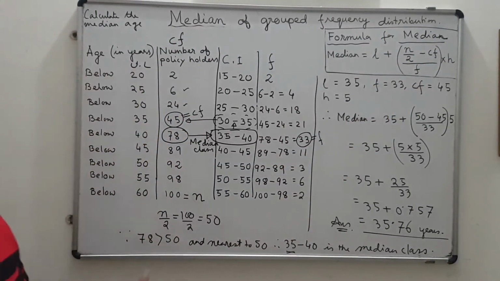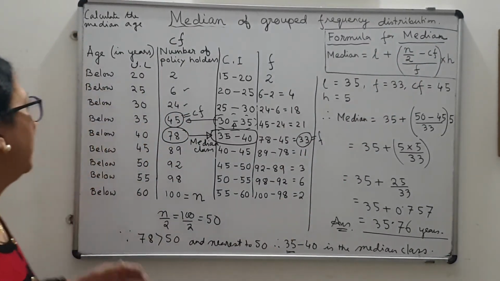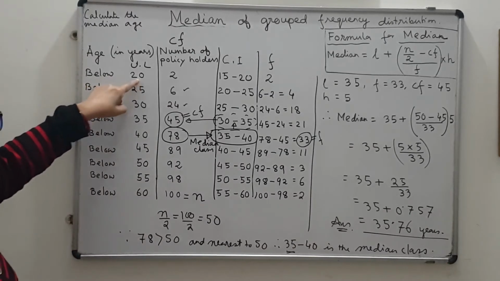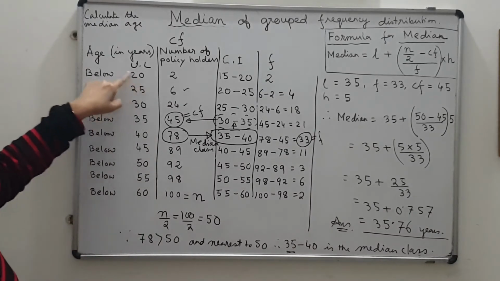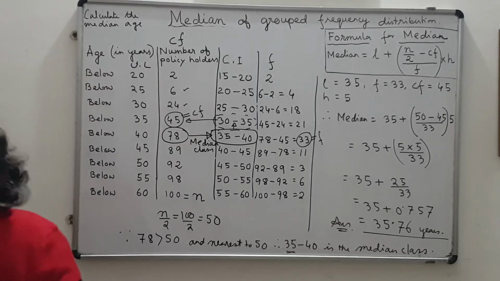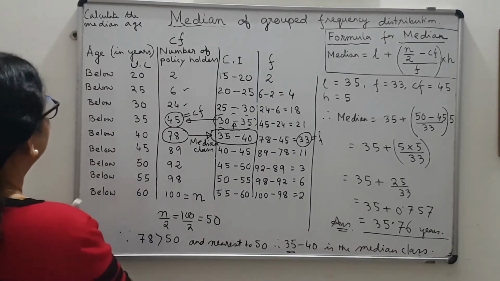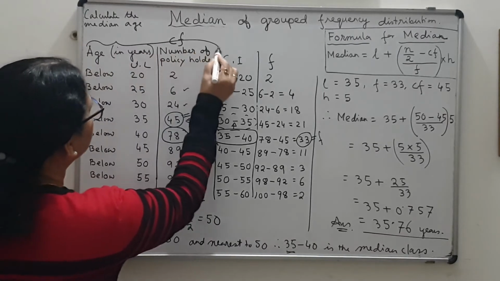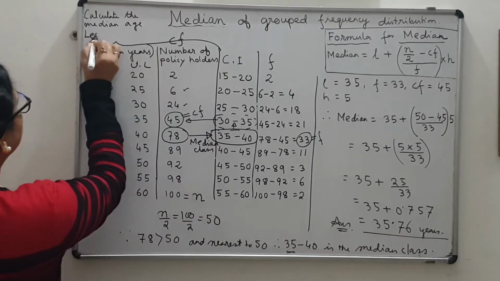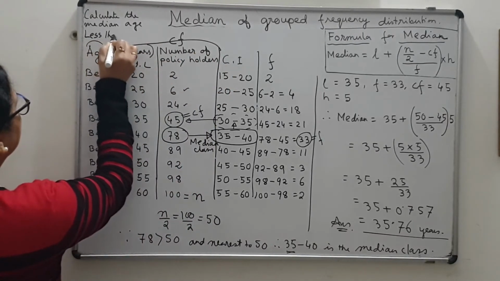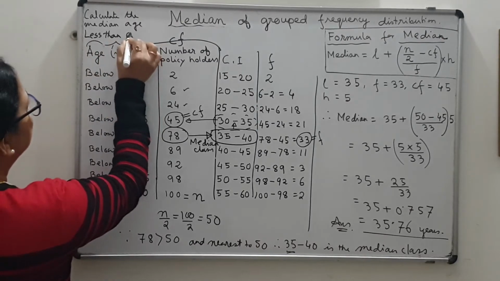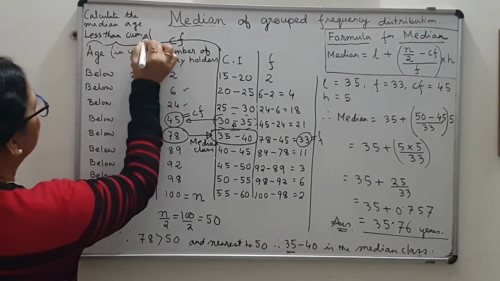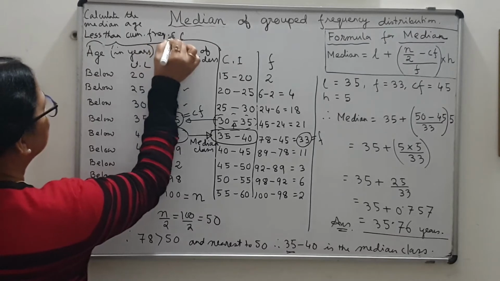Now cumulative frequencies are of two types. This is below 20, or I can say less than 20. So this is the less than cumulative frequency distribution. Now let me write down this distribution, these two columns give you the less than cumulative frequency distribution.